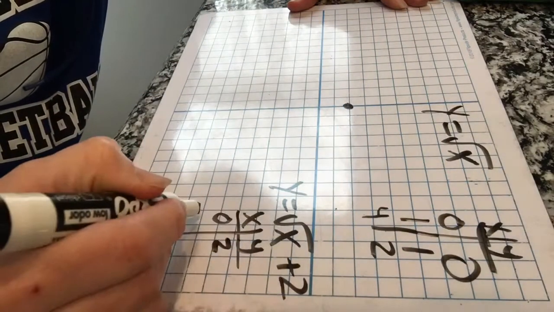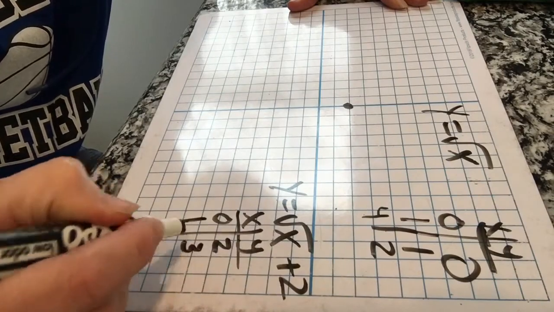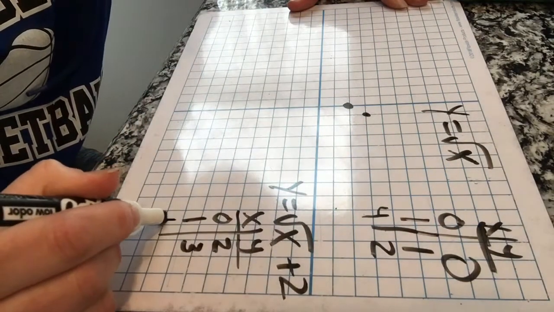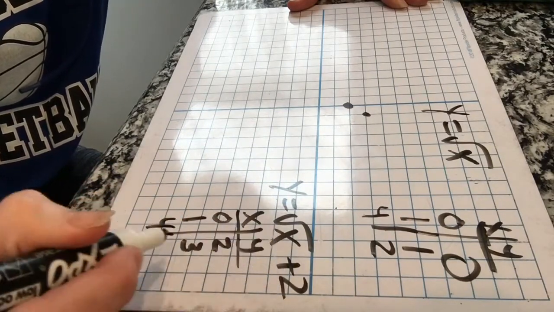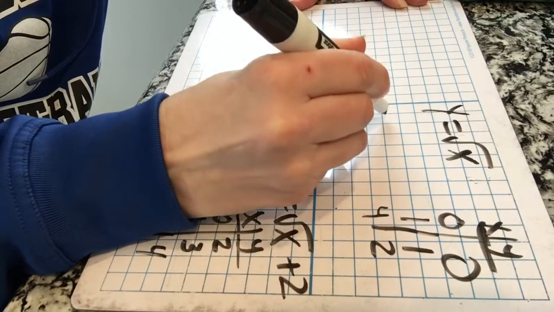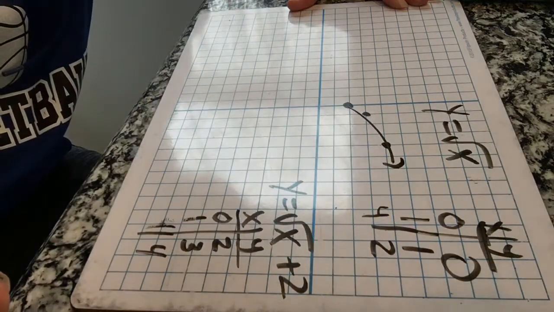I can put 1 in. The square root of 1 is 1, plus 2 is 3. It's at 1, 3. And the next perfect square is 4. The square root of 4 is 2, 2 plus 2 is 4. So it's at 4, 4, which is up 2 over 4 from that starting point.